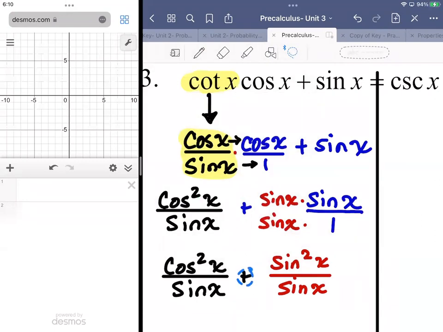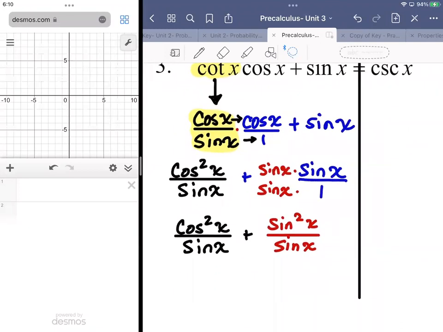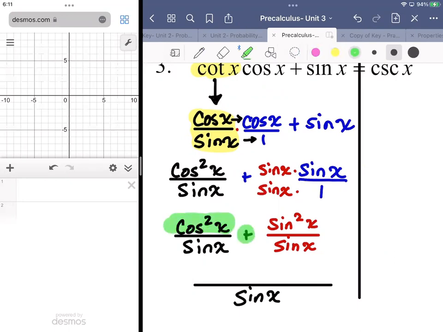So now that I have my common denominator, I can put these together into one fraction over that common denominator. So on the top, I'm going to have cosine squared of x plus sine squared of x.